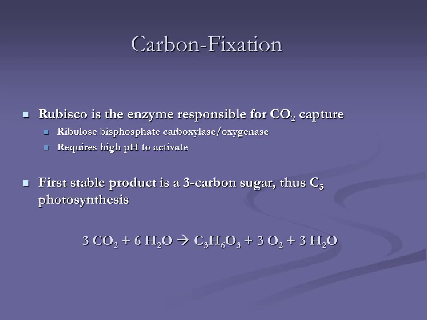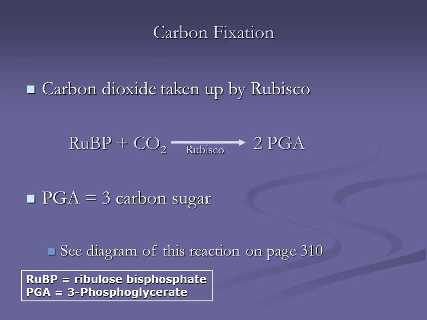Ribulose bisphosphate is the actual 5-carbon molecule. So ribulose bisphosphate, CO2, enzyme Rubisco, we have those PGA molecules, and the PGA then being a 3-carbon sugar. So that's the process there in the beginning.